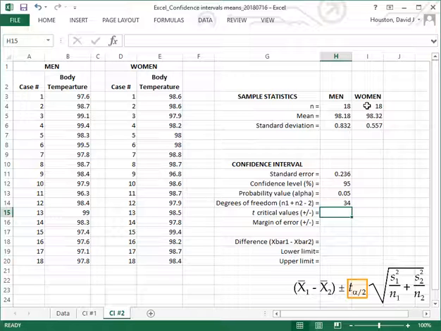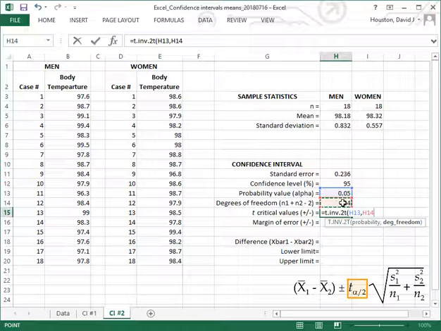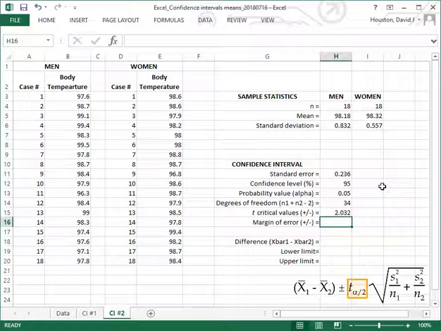So we'll use the T.INV.2T function, two-tail because half of our confidence interval goes above the mean difference and half goes below the difference between means. Now we go up and find the probability value of 0.05, comma, and the degrees of freedom, which is 34, close parentheses. So our critical values for this confidence interval are plus and minus 2.032.